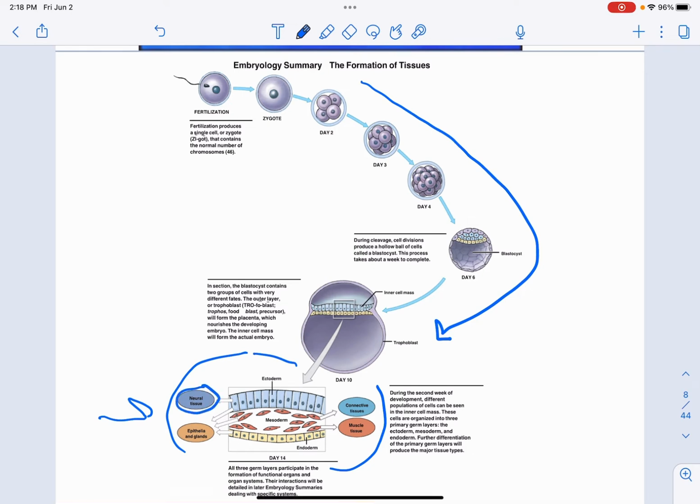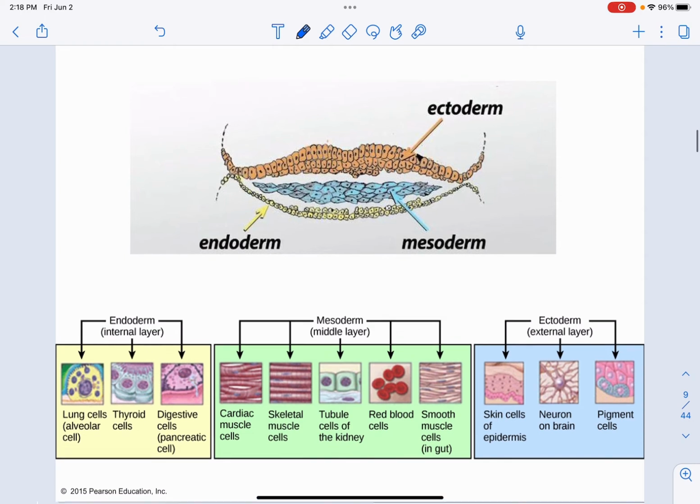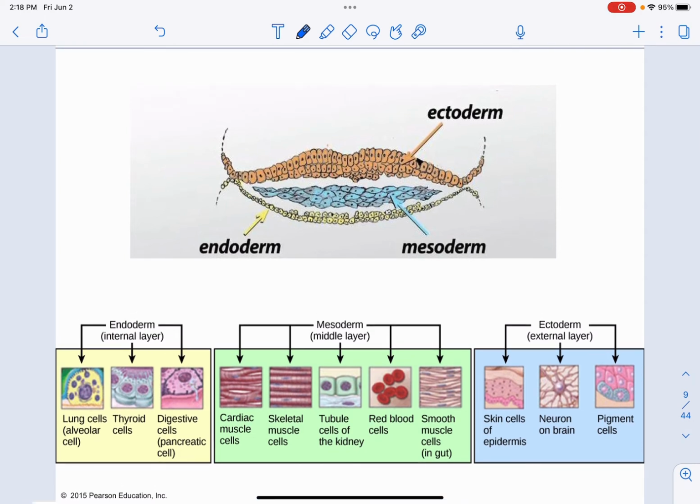We talked about the endoderm, okay, being epithelial and glands. And then we talked about this mesoderm. And again, this is all outlined in a really nice figure right here showing you these layers. Again, here's the ectoderm, here's the mesoderm, here is the endoderm.